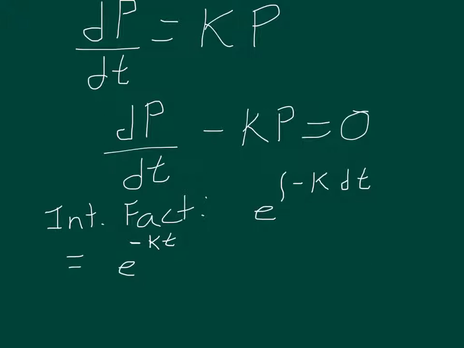So once we find our integrating factor, which we've discovered here, it's e to the negative kt, what we do is we multiply the entire equation by e to the negative kt. And so what that will look like is, let's see if I can get a new page.